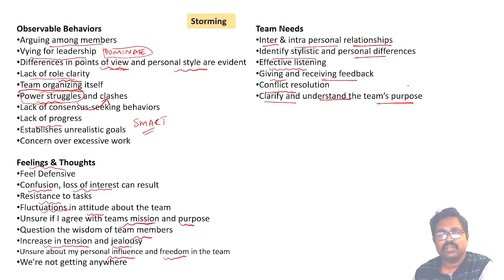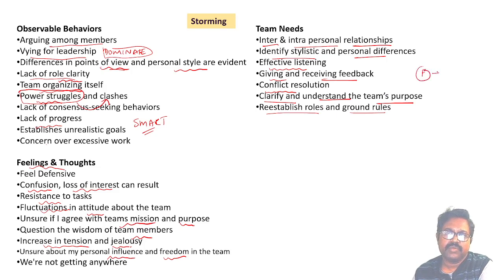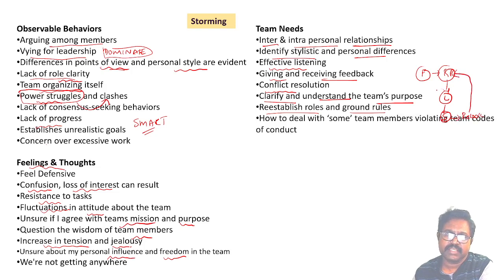And finally, as a group you're going to achieve the set objectives, and you need to re-establish the ground rules. Initially, during the forming stage, you would have set some rules and responsibilities, you would have chosen the leader, and again within the storming stage you need to relook and re-establish the rules and responsibilities.